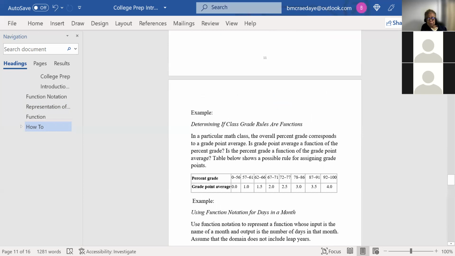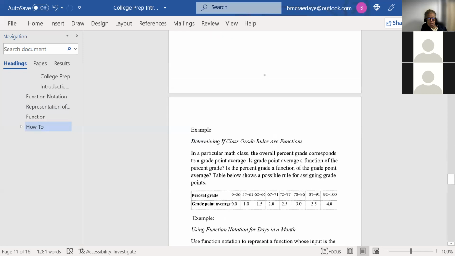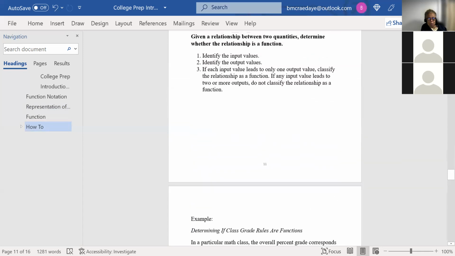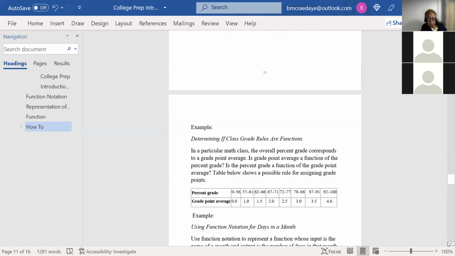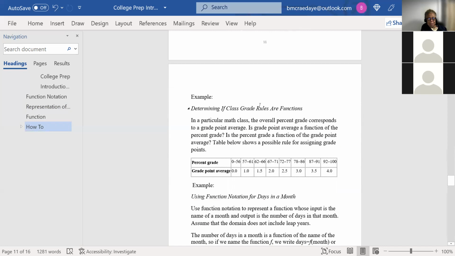Now I think we have some real world examples here. Okay, here's an example. You have class grade rules are functions. You want to determine if they're functions, right? Now, is the grade point average a function of the percent grade, or is the percent grade a function of the grade point average? Which one is a function of the other?